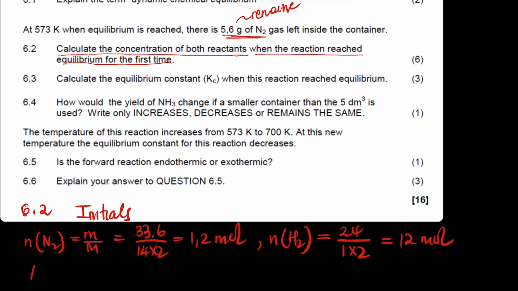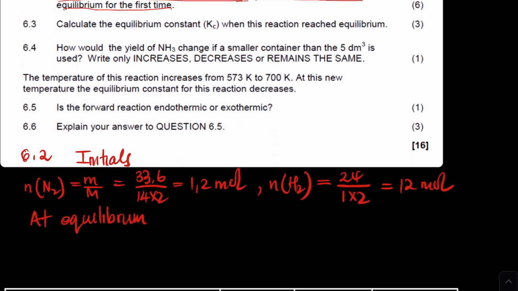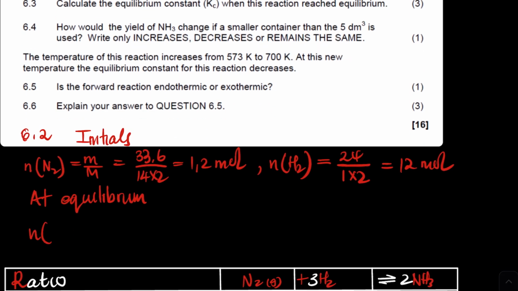Now at equilibrium, we're told that 5.6 of nitrogen remained. So I'm going to convert that nitrogen at equilibrium, which is 5.6 divided by 14 times 2, which is 28. So it's going to be 0.2 mole.